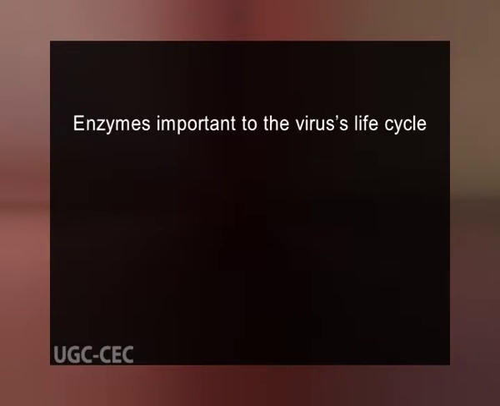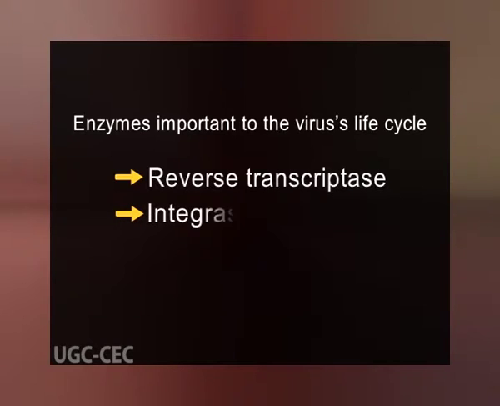Inside the envelope, a bullet-shaped nucleocapsid of the virus is composed of protein and surrounds 2 single strands of RNA. 3 enzymes important to the virus life cycle, reverse transcriptase, integrase, and protease, are within the nucleocapsid.